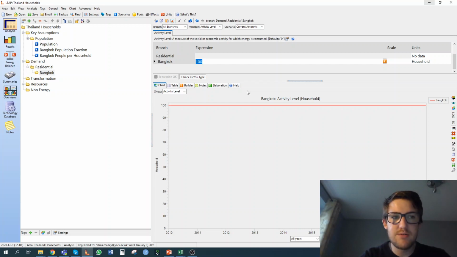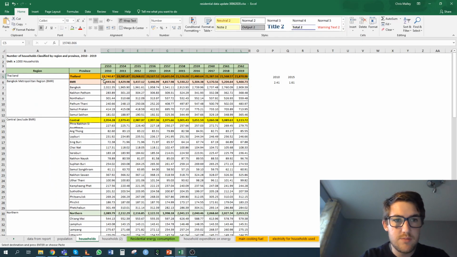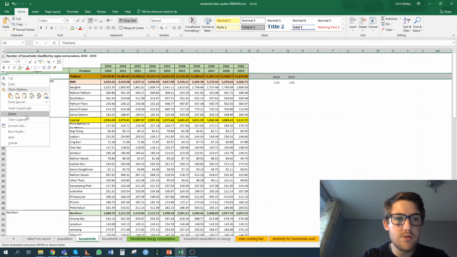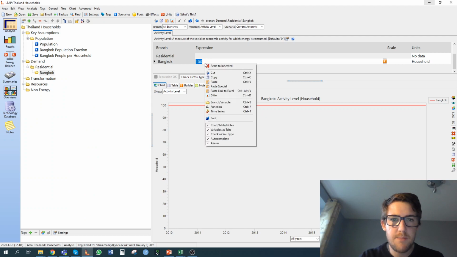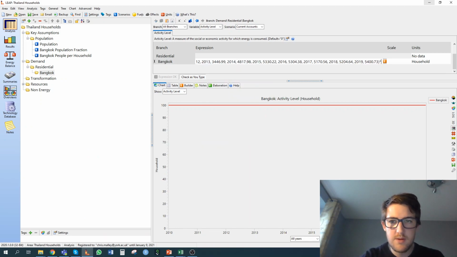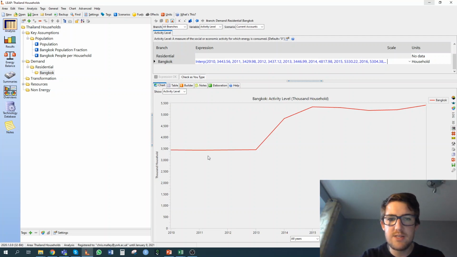And to enter the total number of households for Bangkok, what we do is not enter this number directly. So we could copy and paste these values. So one thing we could do is to copy these values and paste them here into Leap, multiply by 1,000 to give us the total number of households in Bangkok. That would be completely fine and completely correct.